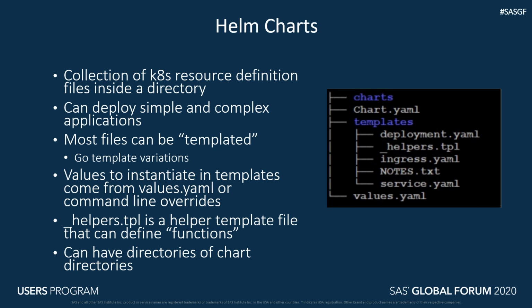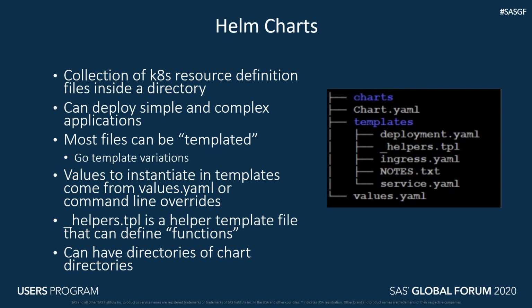And then underneath there, we have a set of templates. Those names should look more familiar, things like deployment.yaml, ingress.yaml, service.yaml, and so on. Those are the actual specifications for the Kubernetes objects that we want to create, but they'll be templated with placeholders where we want to put in actual values.